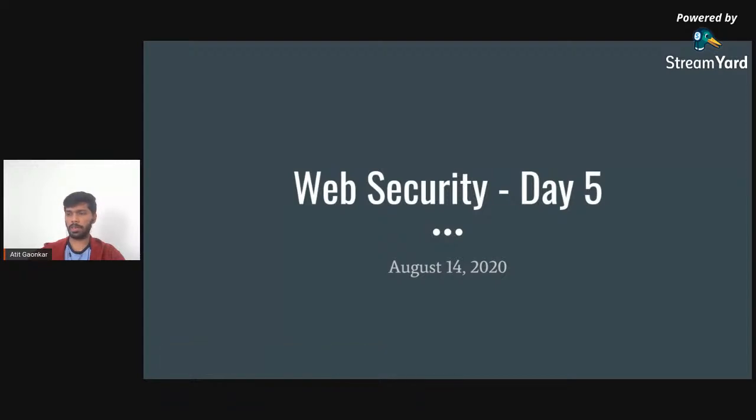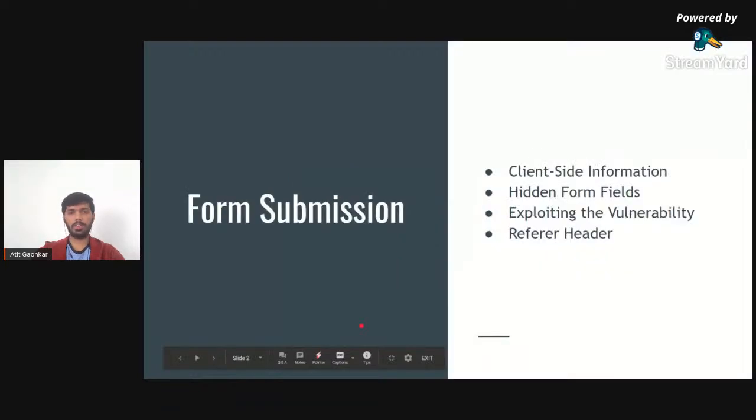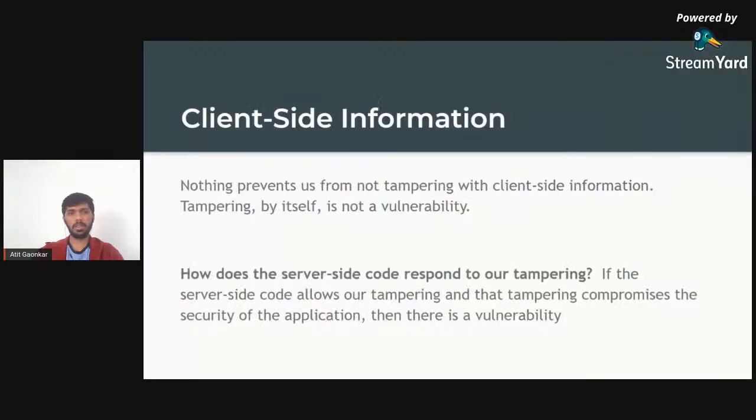As usual, we'll start with a recap of what we did yesterday. Yesterday we started off with form submission, in which we discussed how client-side information can be vulnerable, how we can exploit hidden form fields, and what referrer headers are and how they are used to sometimes make attacks weak enough.